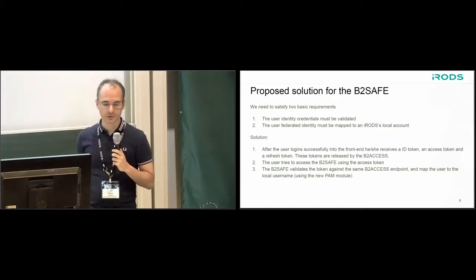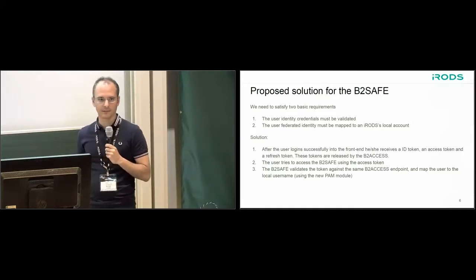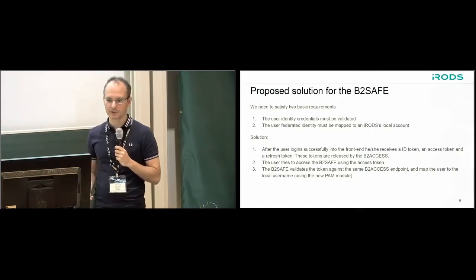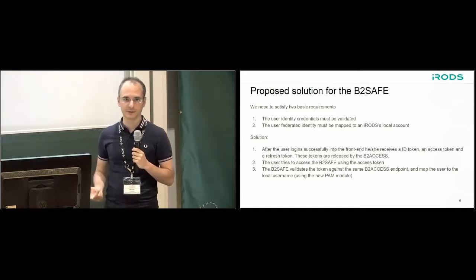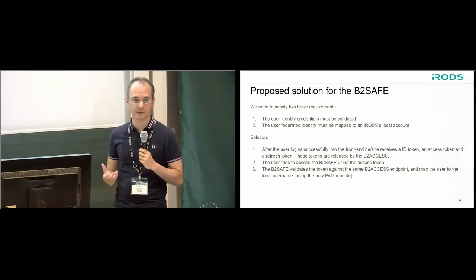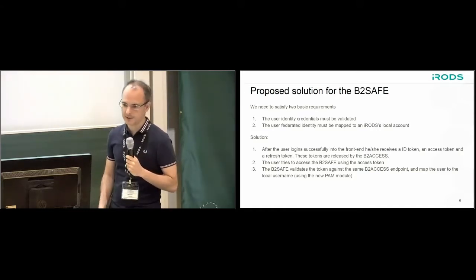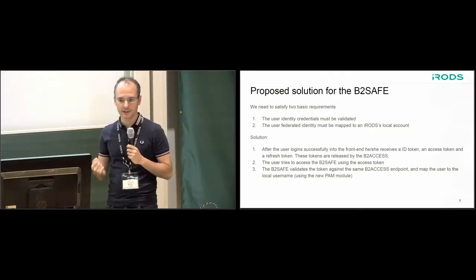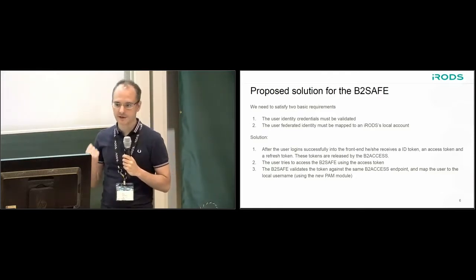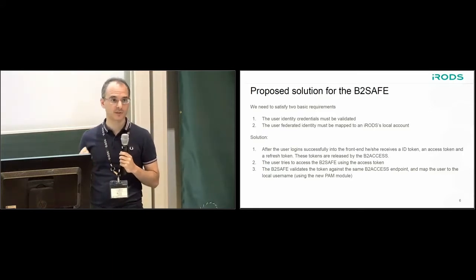A possible solution: we can enable the user to authenticate, to log in to the front end, and receive an ID token. In this case, the token could be released, for example, by the IDP, the OP, which can be, for example, the B2Access, just as an example. The user tries to access the B2Safe using this access token. The B2Safe takes the token and validates the token to the B2Access endpoint which released it.